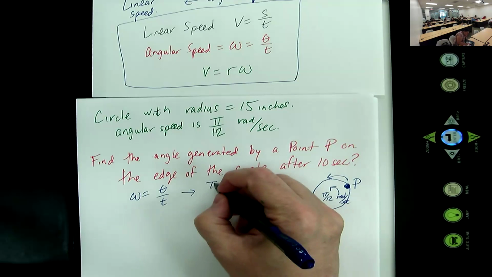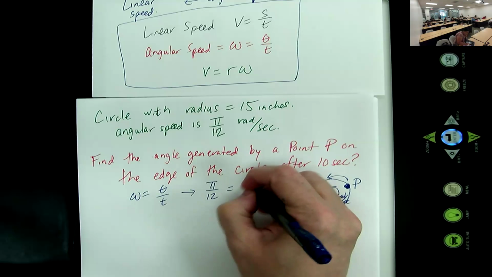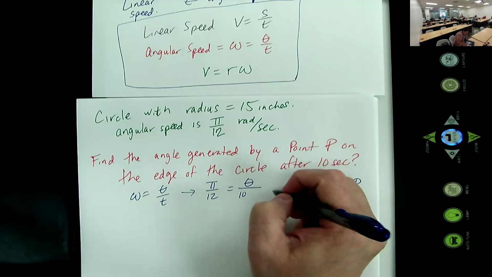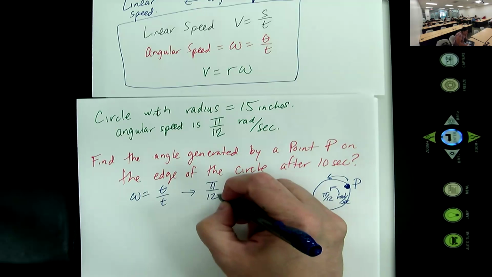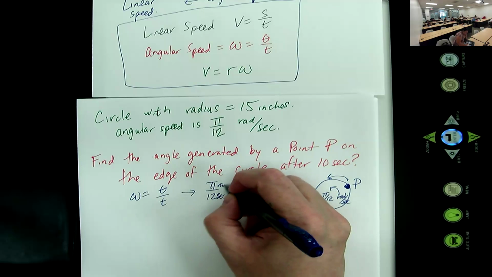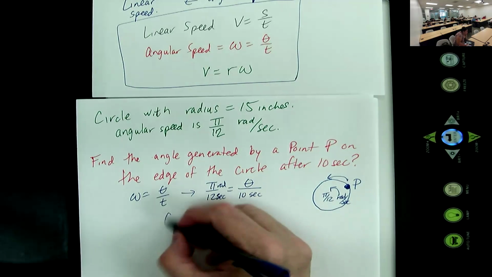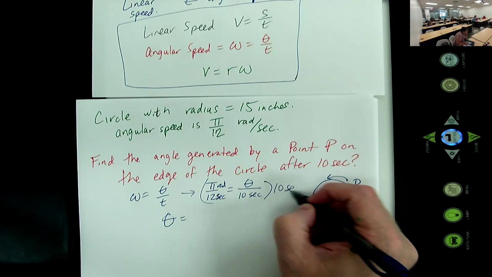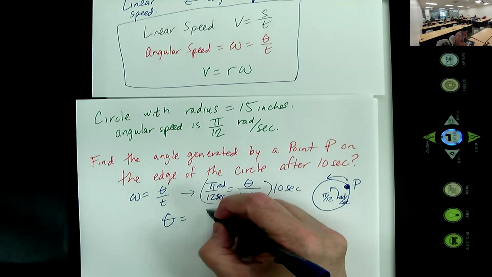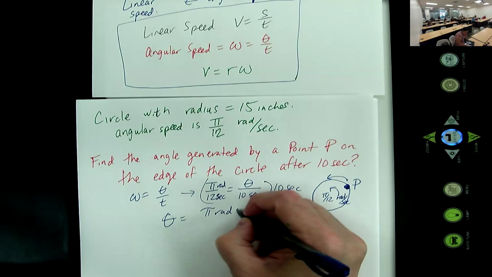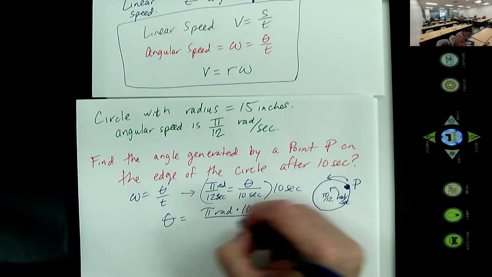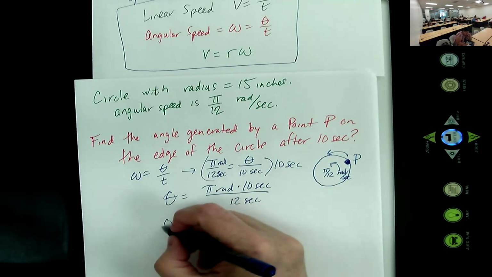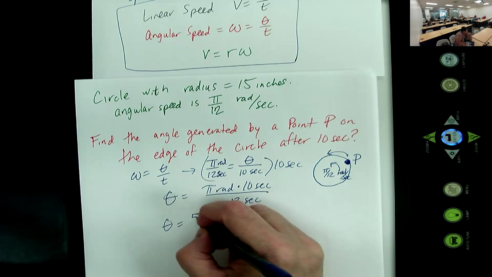Omega is pi over 12. That equals theta over our t, which is 10 seconds. So theta, you just multiply both sides by 10 seconds. Theta equals pi radians times 10 seconds over 12 seconds. Theta equals 5 pi over 6 radians.